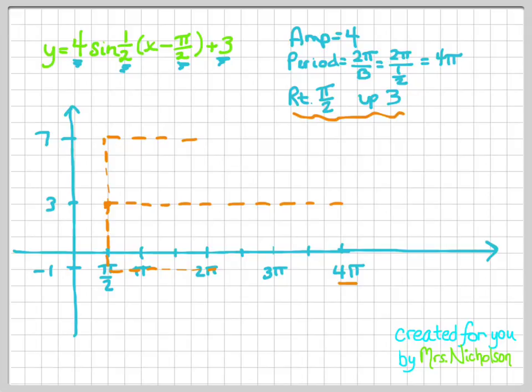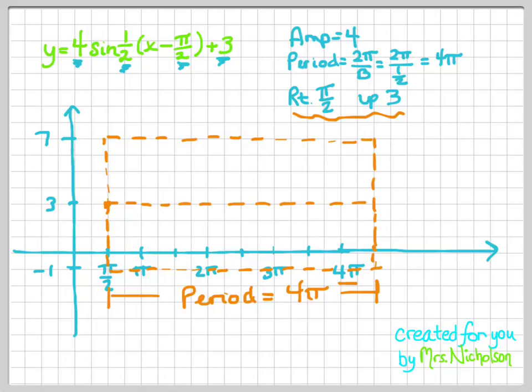It's starting 2 squares past 0, or at pi over 2. And so that means to get to 4 pi, if we want the width of our window to be 4 pi, then it's going to end 2 squares after 4 pi. So here's my period equal to 4 pi. The width of that window pane is 4 pi. So let's finish it off here. And the middle, that's going to be right here.